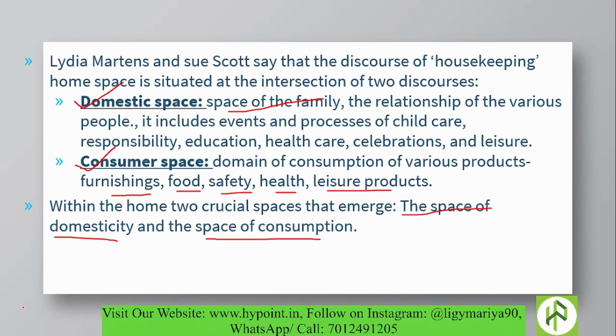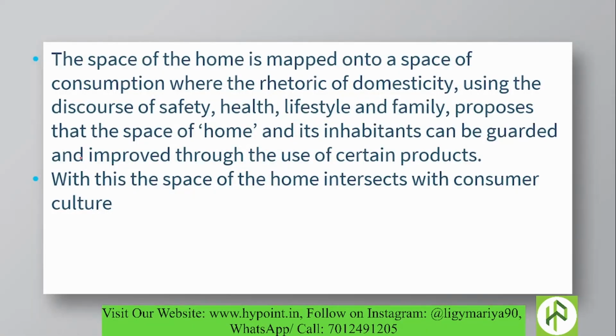of consumption. Now, the space of home is mapped into the space of consumption, where the rhetoric of domesticity, using the discourse of safety, health, lifestyle, and family, proposes that the space of home and its inhabitants can be guarded and improved through the use of certain products.